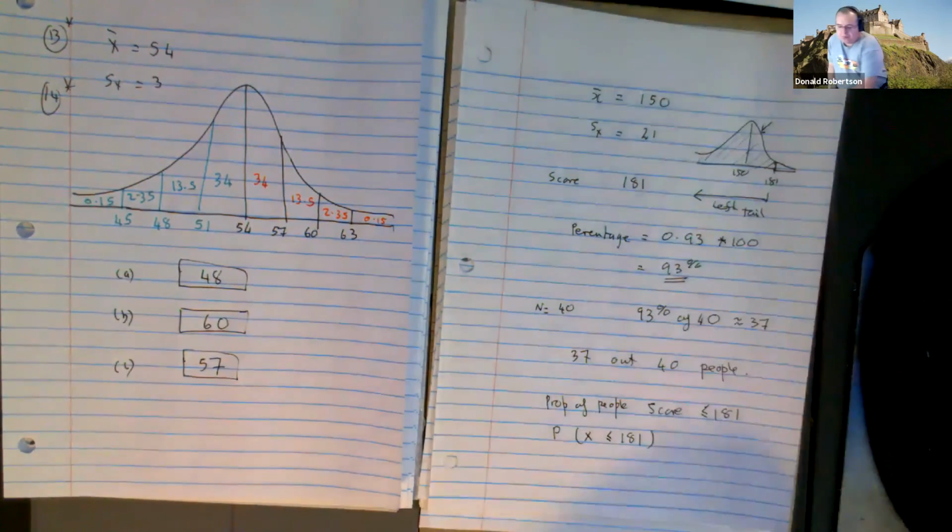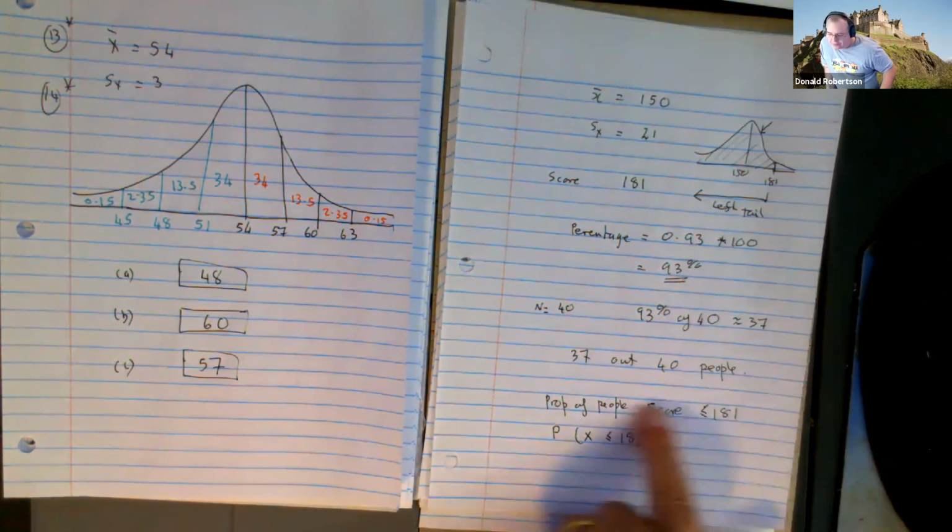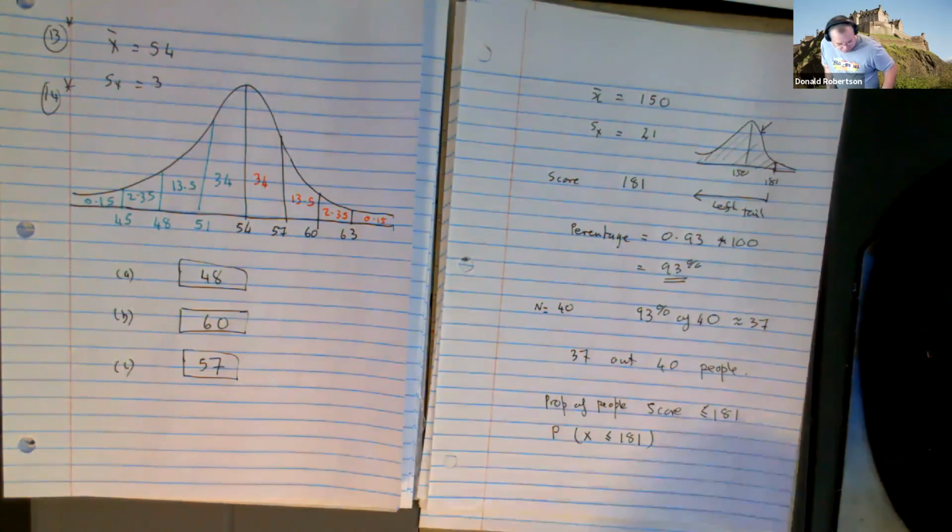Would you agree that's a much more condensed way of asking the same thing? Are you comfortable that this notation is just shorthand for the proportion of scores, in this case, less than or equal to 181?